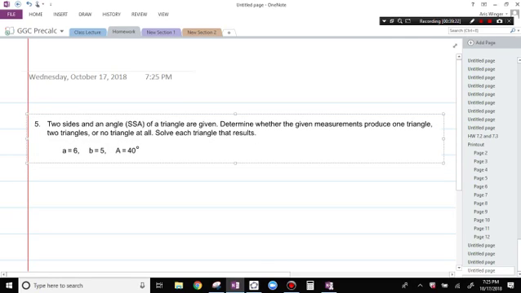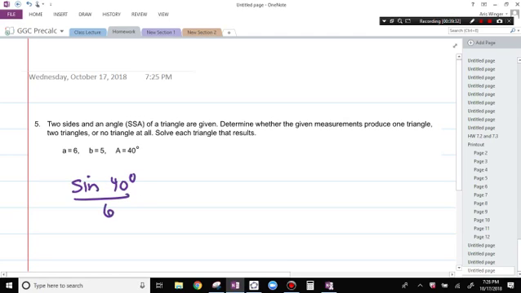We just get to the business of finding, and I think they want everything. They want every side and every angle. So right now they provide us with the sine of 40 over 6 is equal to the sine of B over 5.